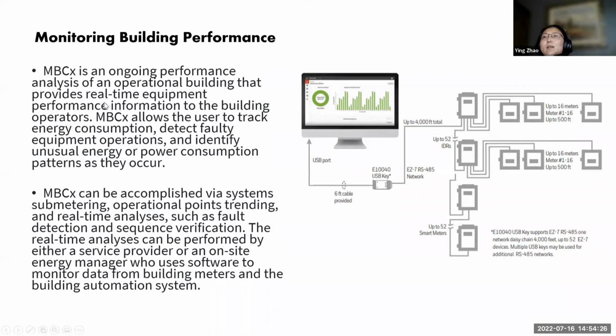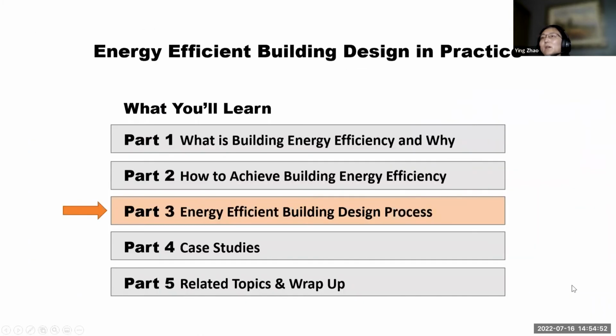Also, you can analyze the data, because it records a lot of metering data, so you can see the trend and even predict your building energy use in the future. That's a very good thing to consider installing for operation.